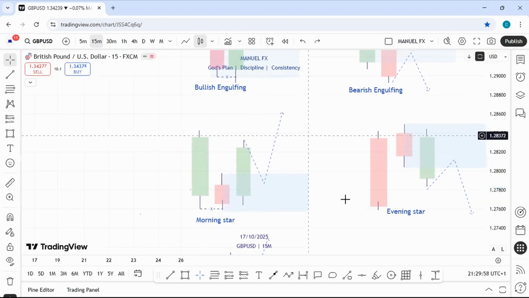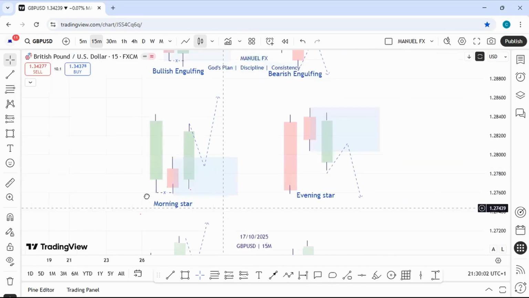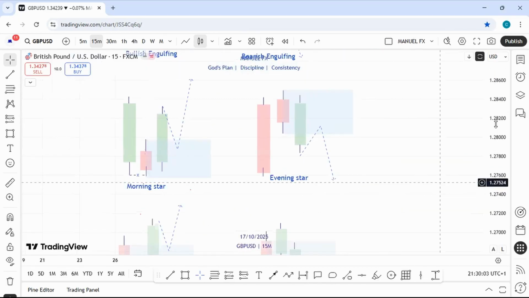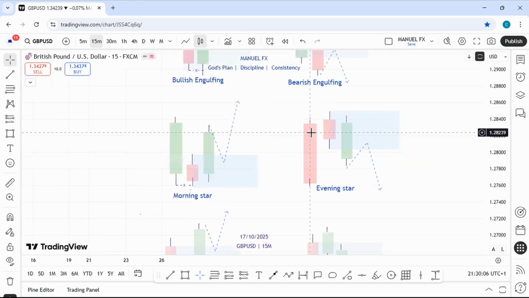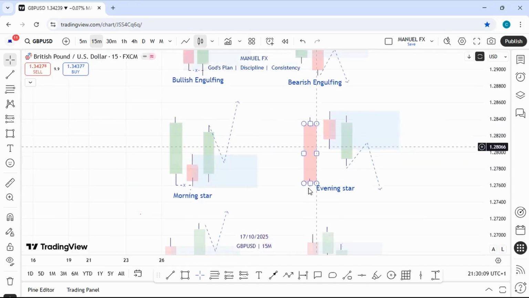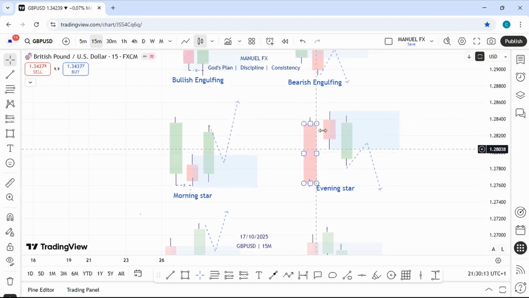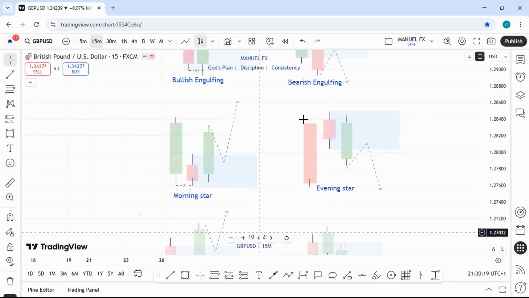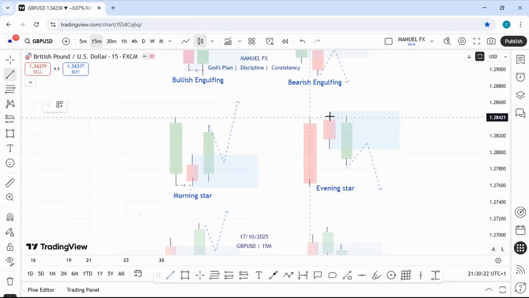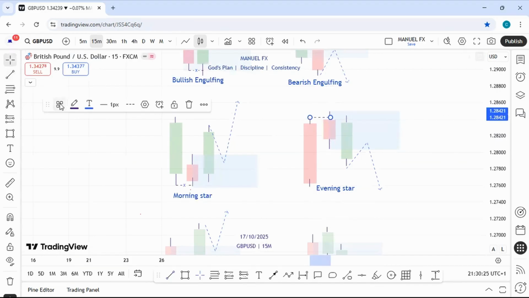And then for the sell, same thing happens here. 1, 2, 3. I want to see the second candle sweep the low of the first candle.